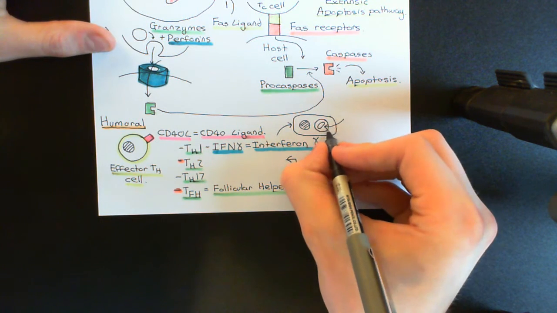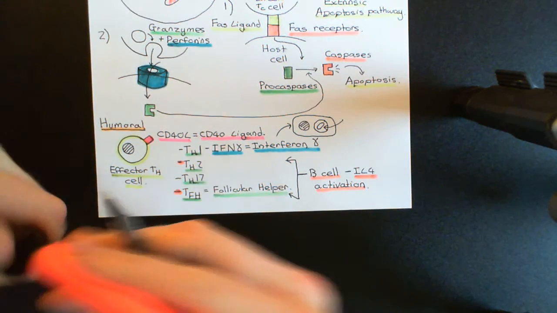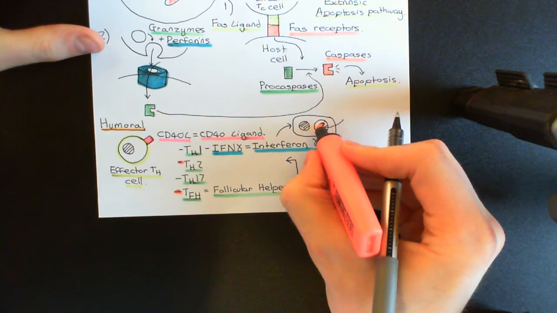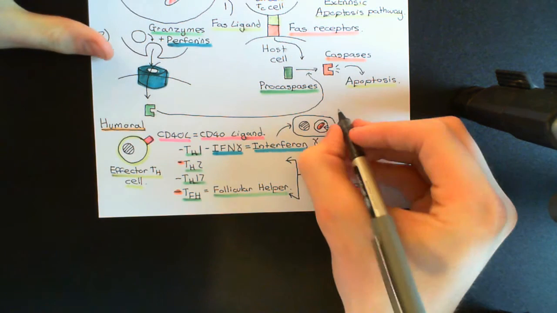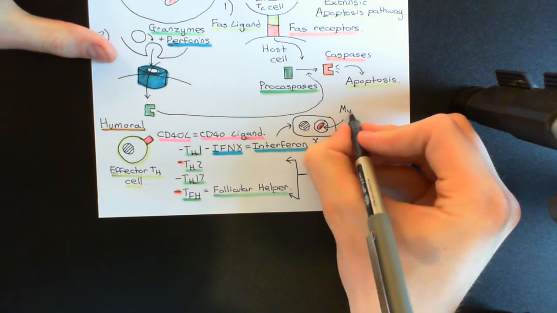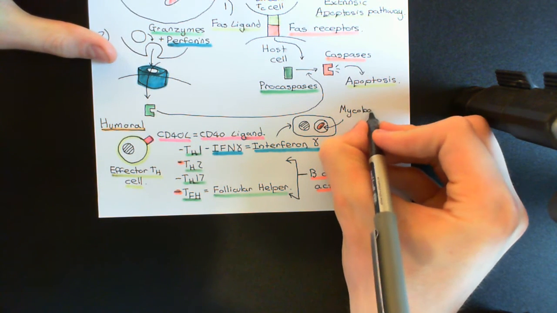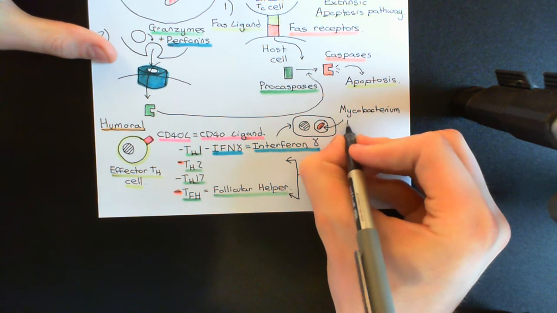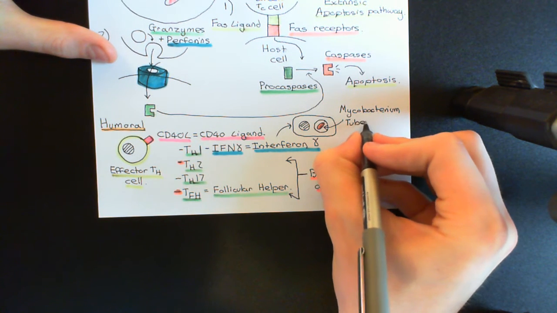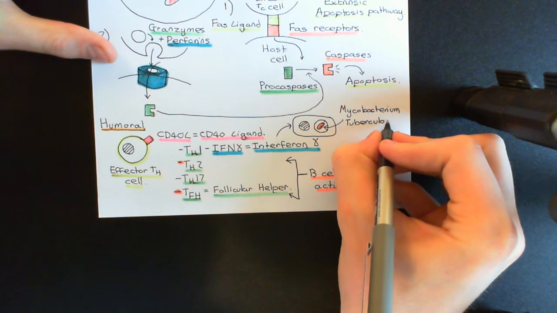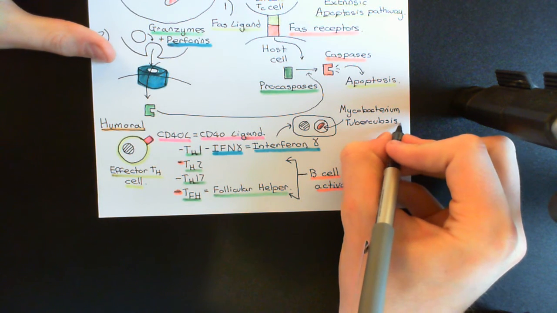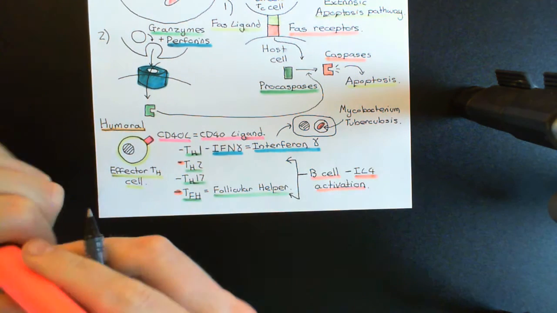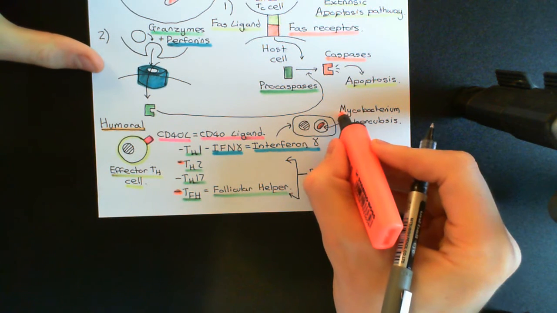So here is my picture of a phagosome with a pathogen inside of it. Let's say that this pathogen is the one that causes tuberculosis, known as Mycobacterium tuberculosis. Now what's so horrible about this bacterium is that it resists phagocytosis incredibly well. So we can engulf it absolutely fine.